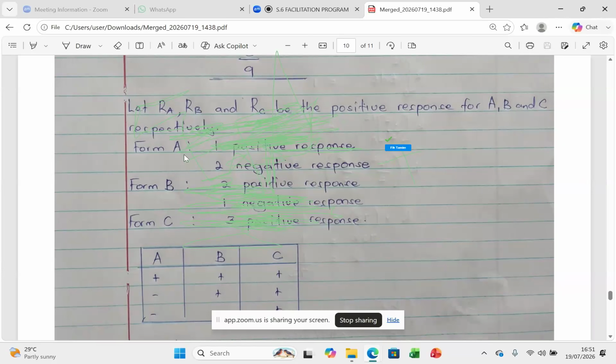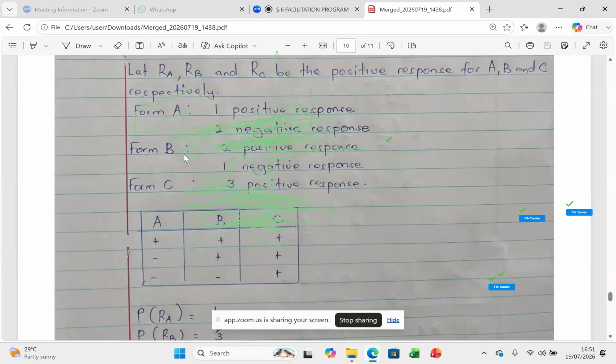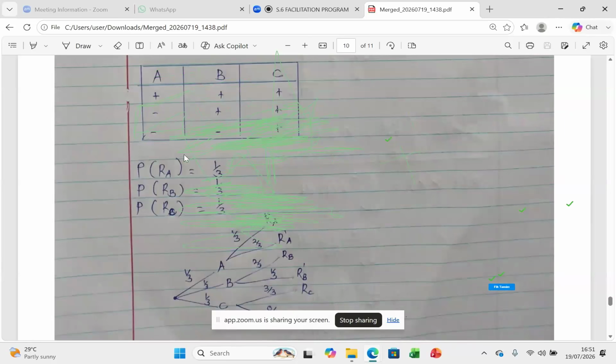That means we are only going to take up the positive responses. The negatives are ignored. So the probability for a person to get satisfied according to form A is 1 out of 3.